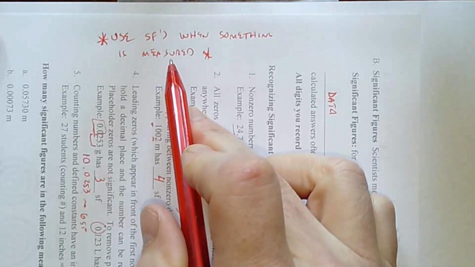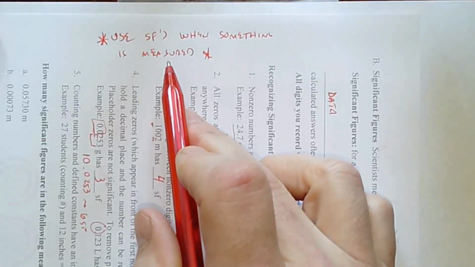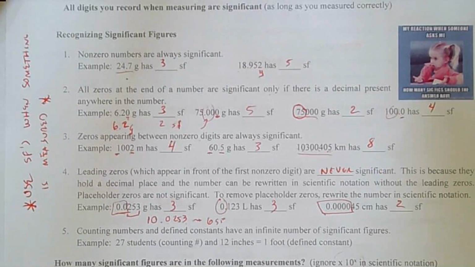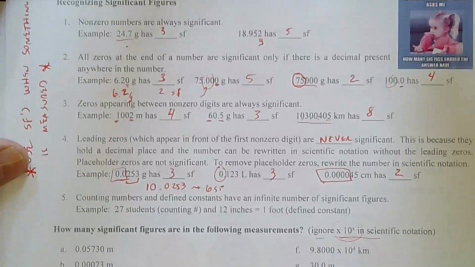Okay, whether it's a ruler or a stopwatch or a scale, whatever. Anytime some piece of measuring equipment is used, significant figures have to be observed. Because, like I said at the beginning, not everything has the same accuracy. And that is communicated in the data.